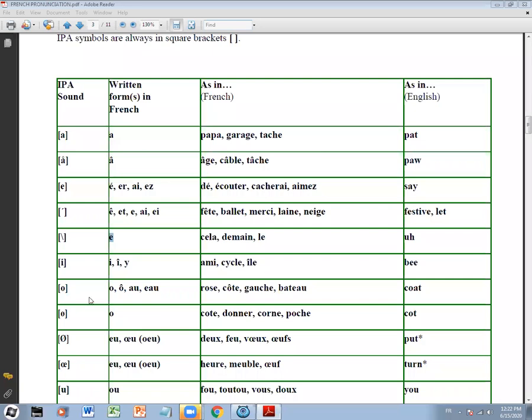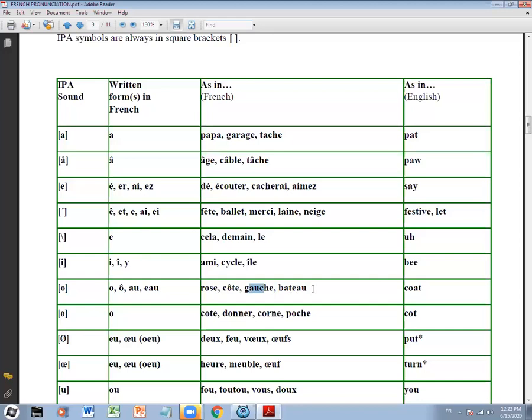We have O, the combination. So remember here we are playing around with the compound vowels and simple vowels at the same time, so you have to know that. Here we have got rose, côte, gauche. U is letter O. You see that? That is say gauche. And I told you that CH produces the sound sh, just like you say Sharon. So we say rose, côte, gauche, bateau.